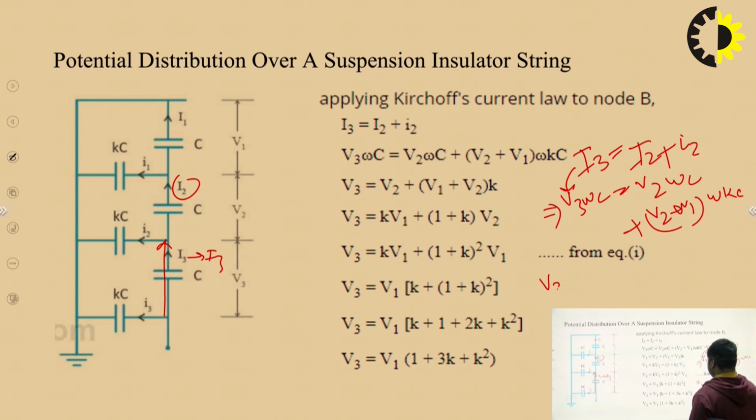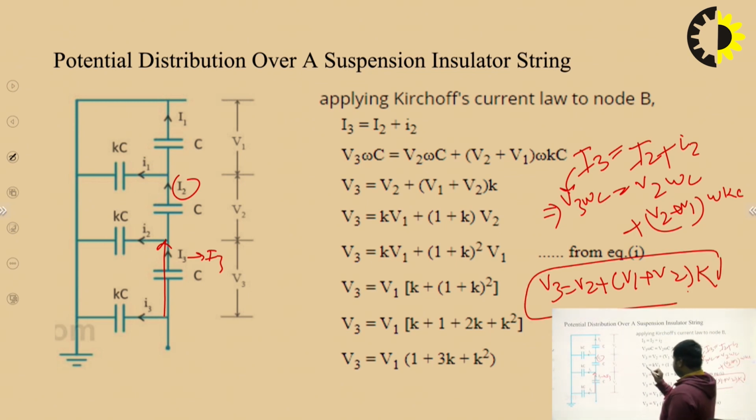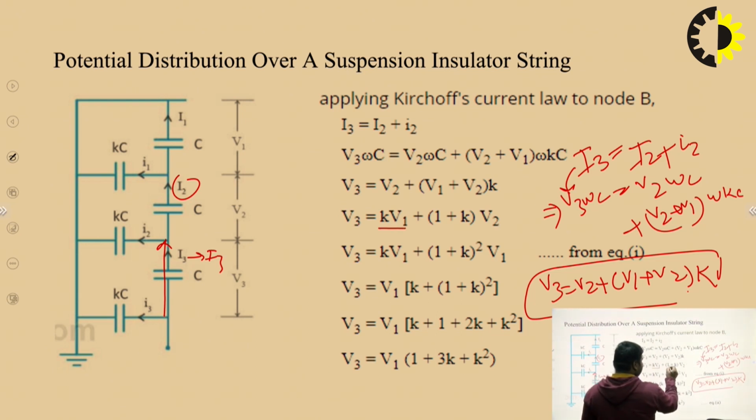So V3 equals V2 plus V1 plus V2 of K, and V3 equals K V1 plus 1 plus K of V2, and V3 equals K V1 plus 1 plus K square V1.